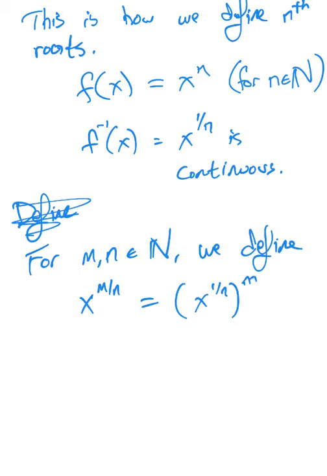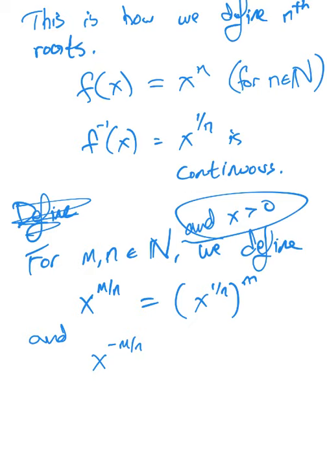That would be positive rationals. What about negative rationals? And I should say, we do want x to be positive here, unless we really want to get concerned about m and n. We can define this to be x to the 1 over n to the minus m, which would be 1 over that to the m.